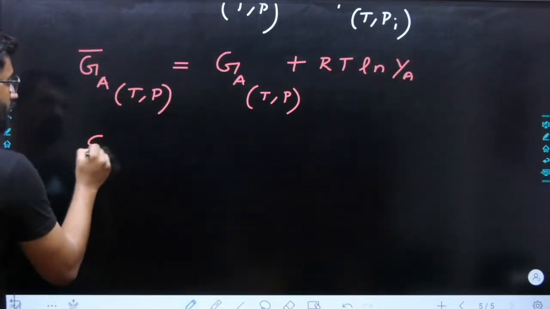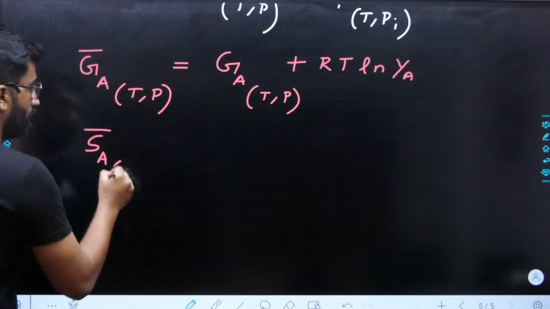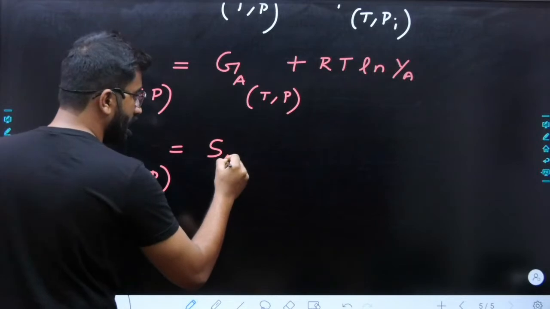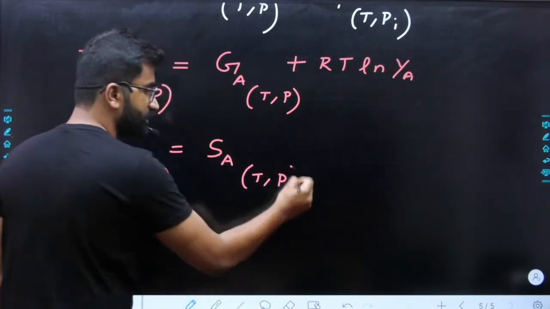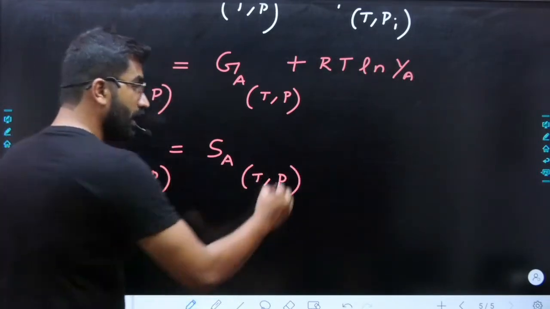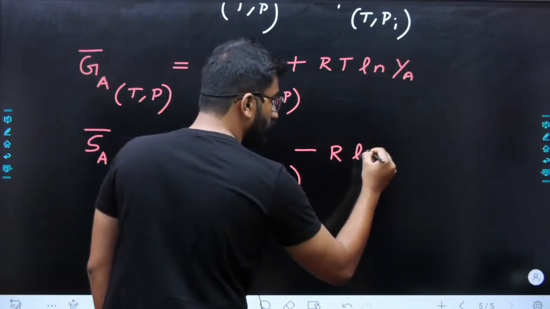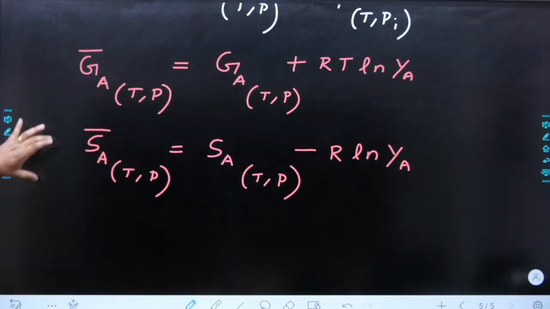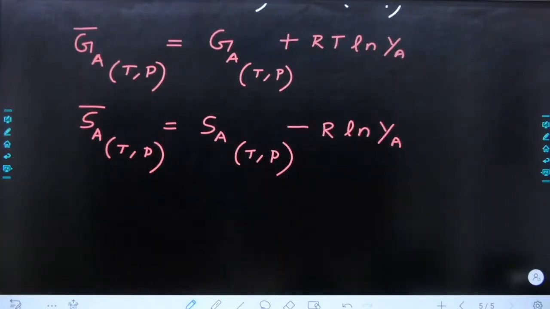Same way, entropy in the mixture at temperature and pressure is equal to pure component entropy at temperature and pressure; these two are not equal, so to make it equal you have to write minus R ln YA. So these two equations are very important for us.